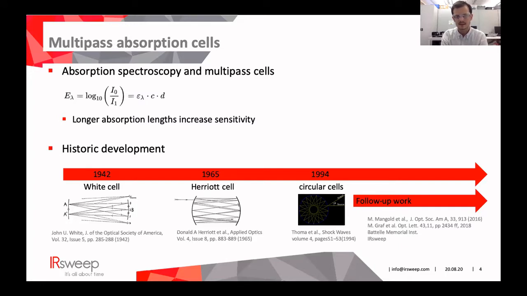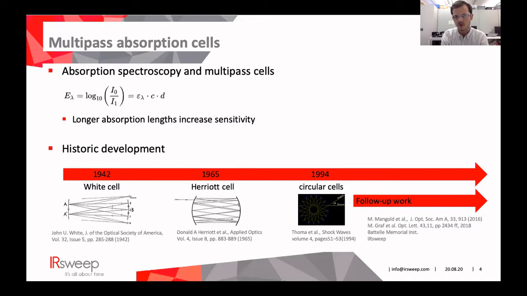The design that we're going to be talking about today is the circular multipass cell, originally developed in 1994 by Thoma et al. Originally intended for use in shock tubes, which are tools used for combustion diagnostics, but I think not used that much due to some design challenges related to the optical resonator design that we'll talk about in a bit.